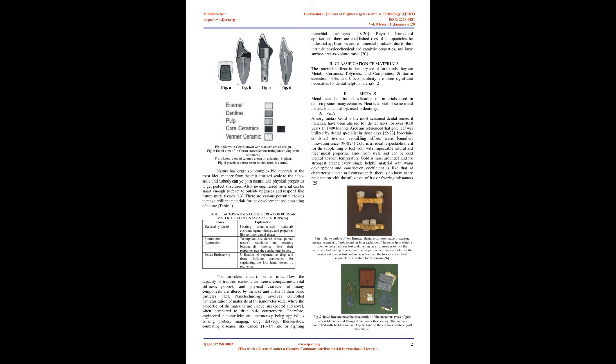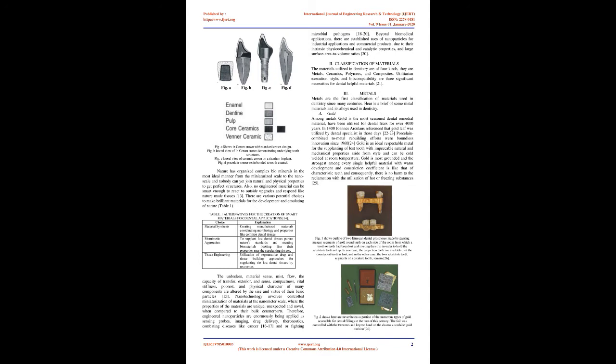A. Gold. Among metals, gold is the oldest dental restorative material, having been utilized for dental repairs for over 4,000 years. In 1400 Johannes Arculanus mentioned that gold leaf was utilized by dentists in those days. 22 to 23. Porcelain fused to metal restorations have been widespread technology since 1960. 24.